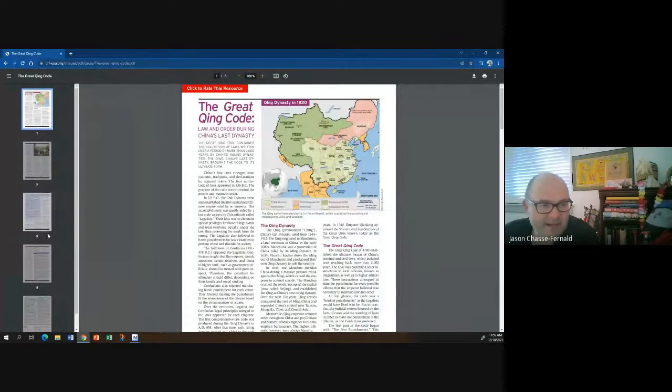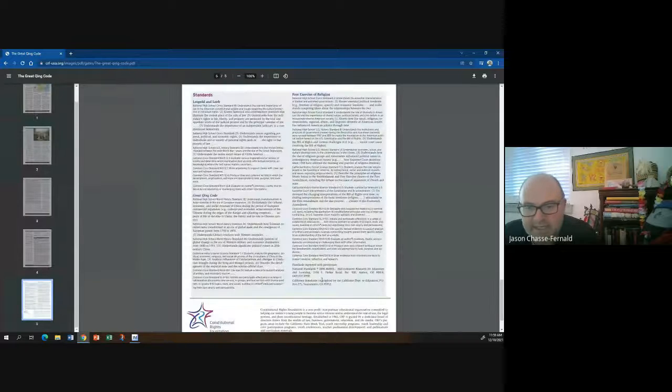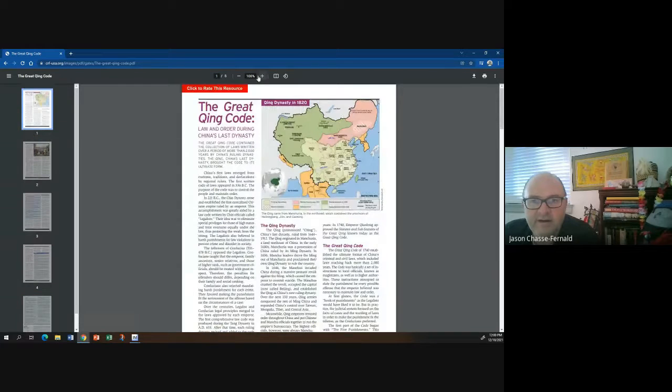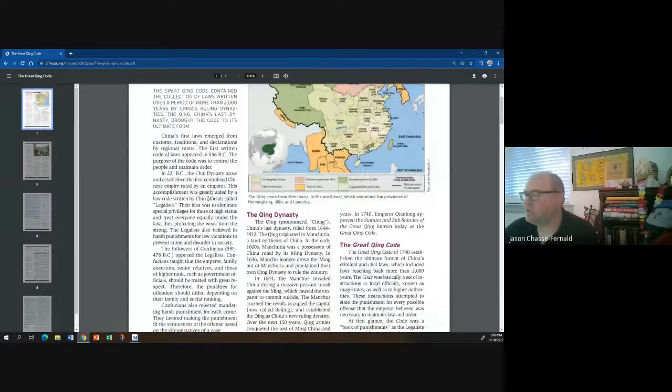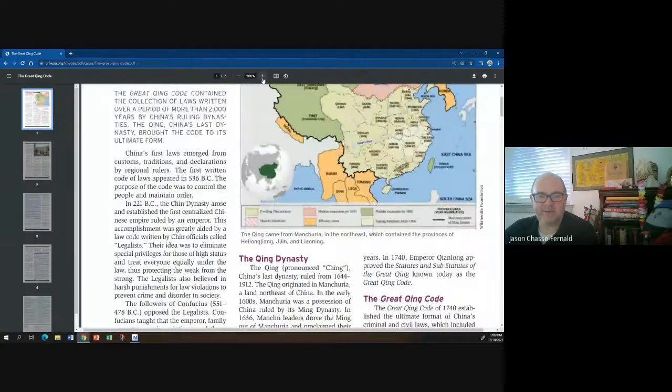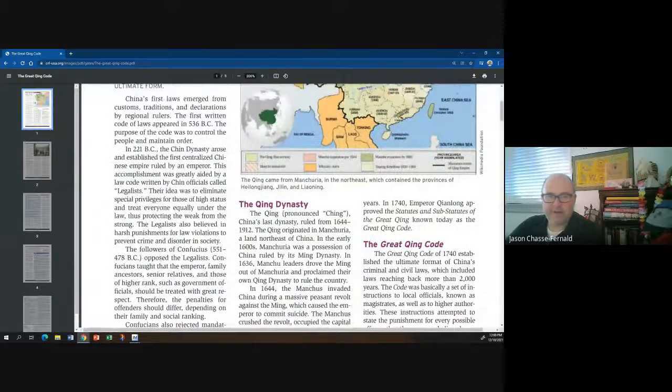I came across this document, which looks like it was created in California to meet the California standards, and it's looking at the legal codes under the Qing era. If I'm getting the gist of this, and let me zoom in so you can see it a little better, it looks like we have a continuity of law codes from the Tang Code era.